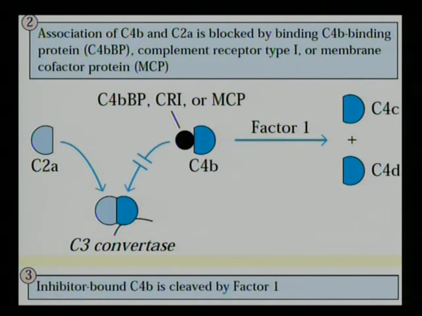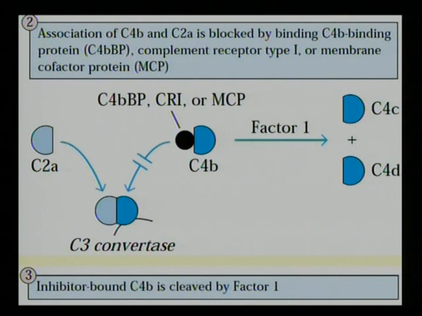Another protein: the association of C4b and C2a is blocked by binding of a specific protein known as C4b binding protein, C4BP, complement receptor type 1, or membrane cofactor protein, that is MCP. As you can see over here, once C4 is cleaved into C4a and C4b and C2 into C2a and C2b, C4b and C2a bind with each other and form C3 convertase.